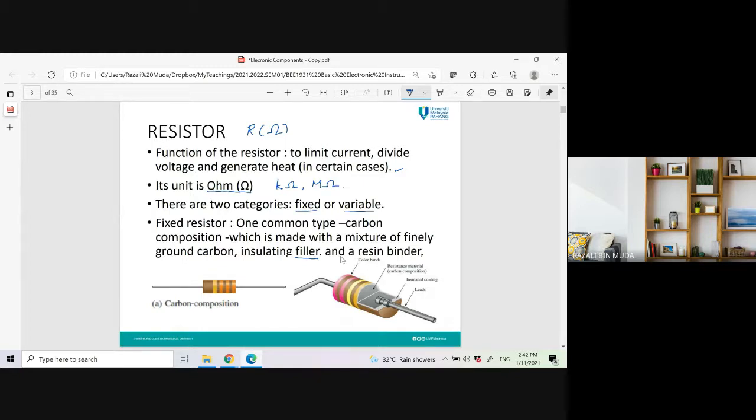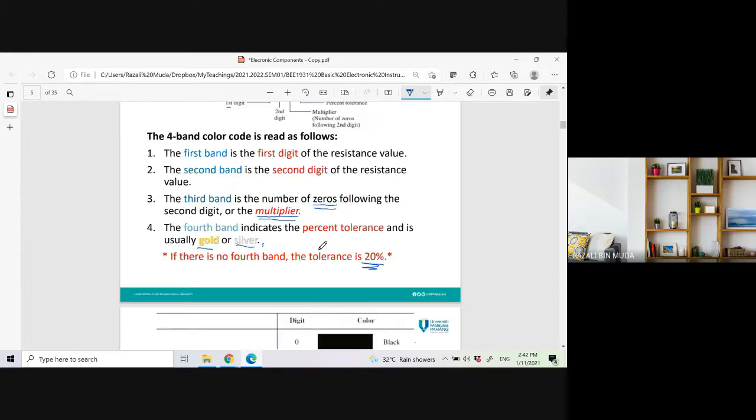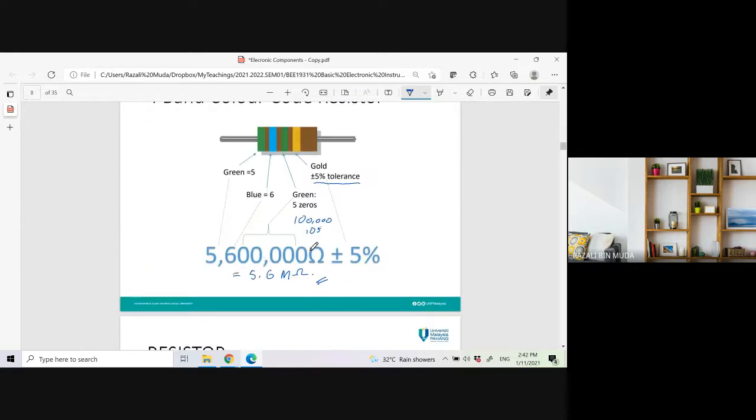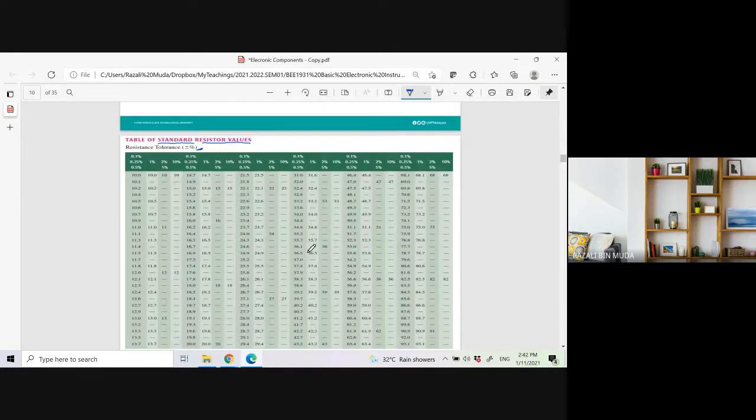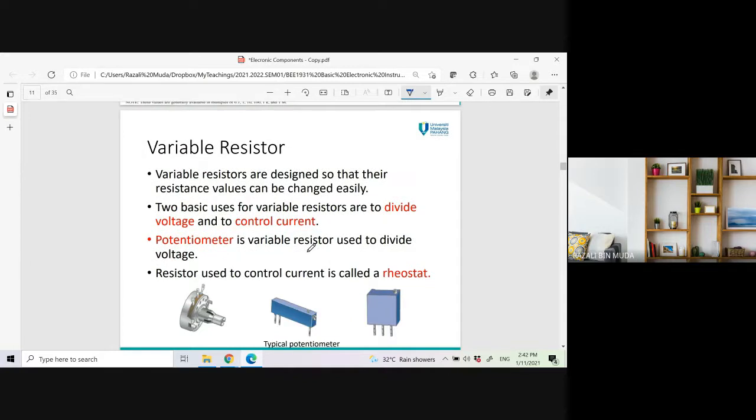So we have finished the fixed part. Let's look at variable resistor. Variable means you can vary, can change the value. Variable resistors are designed so that their resistance values can be changed easily.